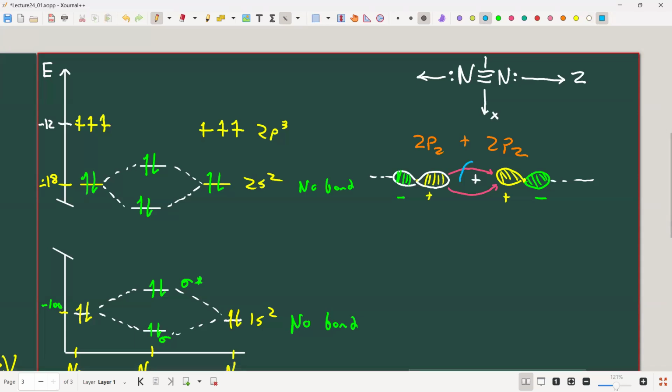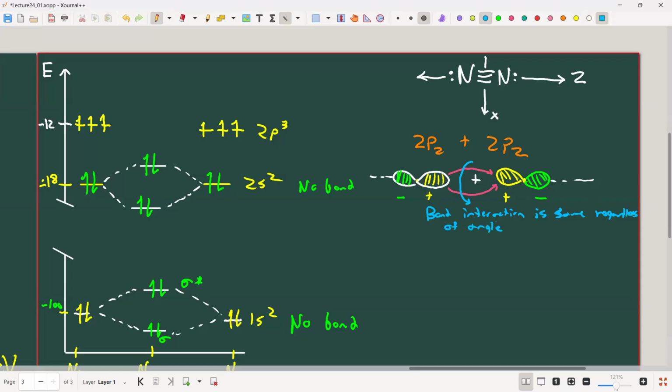So I can rotate this and I see the same thing. The bond interaction is the same regardless of angle. Okay. So it has cylindrical symmetry. It looks the same at all angles around the bond. This is a sigma bond.